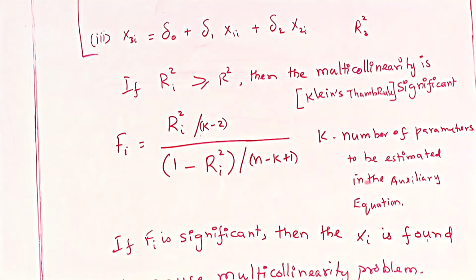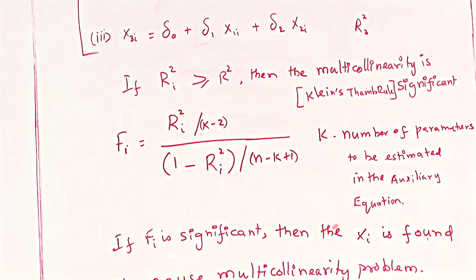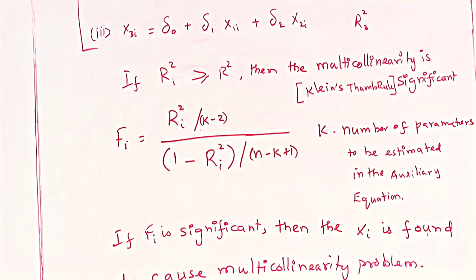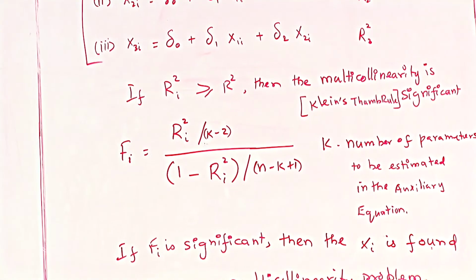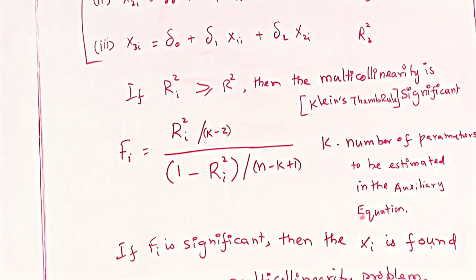Here k is the number of parameters to be estimated in the auxiliary equations. For example, in the first auxiliary equation we have 3 parameters to be estimated, and so k would be 3 here.